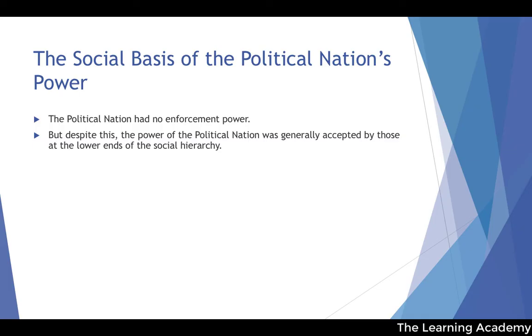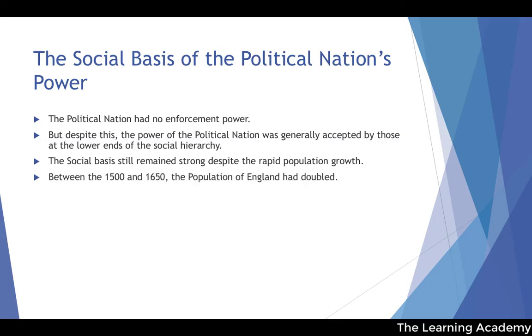But despite the fact that it couldn't physically enforce its power and authority over the rest of the country, the power of the political nation was generally seen and accepted by those on the lower end of the social hierarchy. So the social basis still remained strong despite the rapid population growth between 1500 and 1650, a population that effectively doubled in that time.